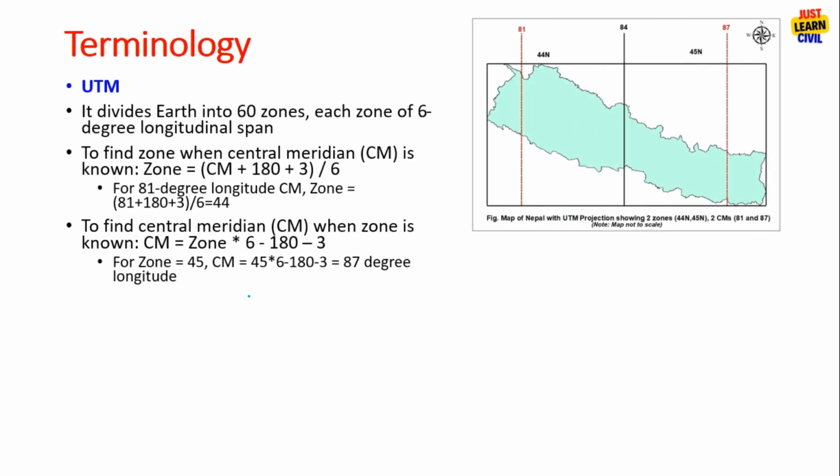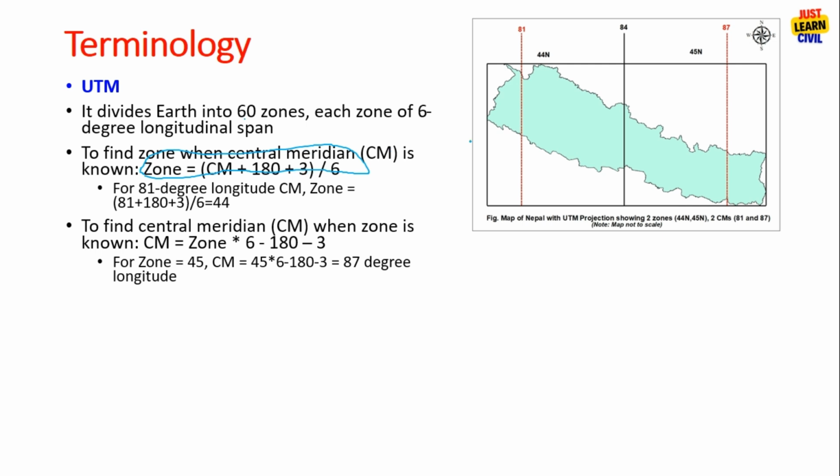Then we have UTM. UTM is the Universal Transverse Mercator, that is the projection of datum to the 2D map. It has divided the Earth into 60 zones, each of 6 degree. To find the zone and the central meridian of any region, you can use this formula. Zone is equal to central meridian plus 180 plus 3, all divided by 6.